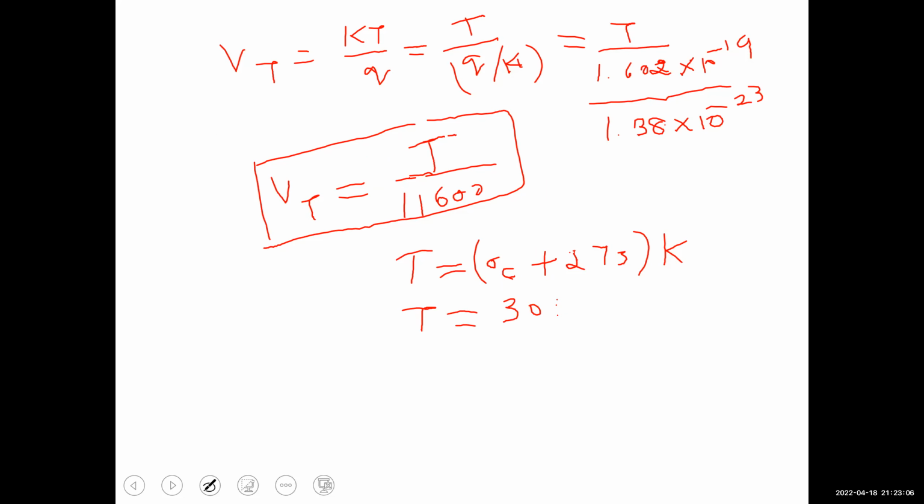Room temperature is nothing but 27 degrees centigrade, and it will be given as 300 Kelvin.